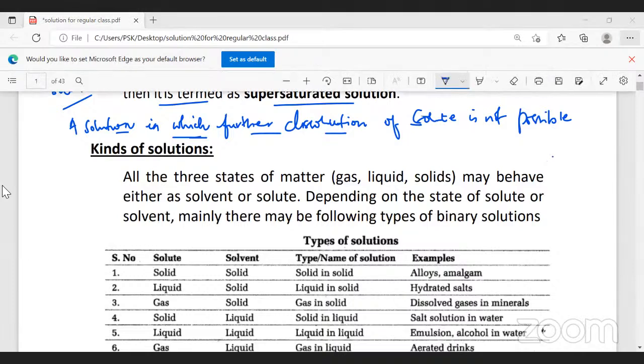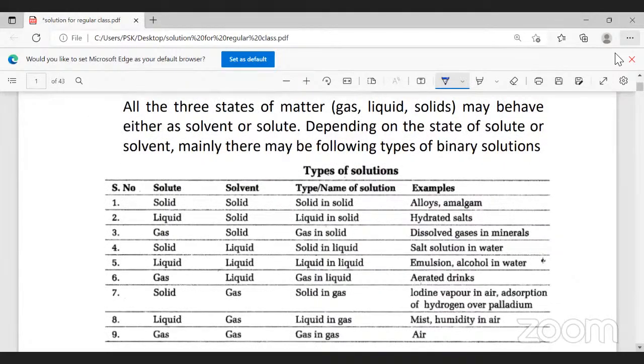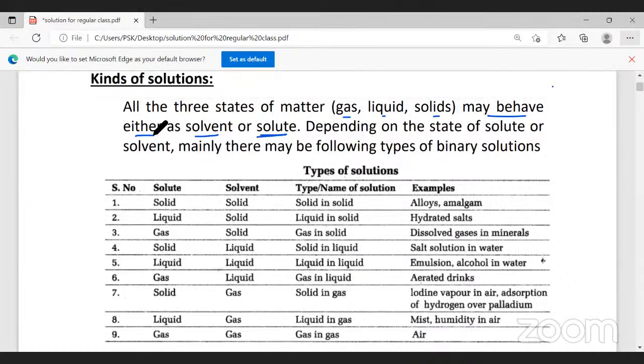Now, kinds of solutions. See, this is what is important now. All 3 states of matter, gases, liquids, and solids, may behave either as a solvent or as a solute. So far, what we have learned till school level is that when we say solution, it is only liquid.